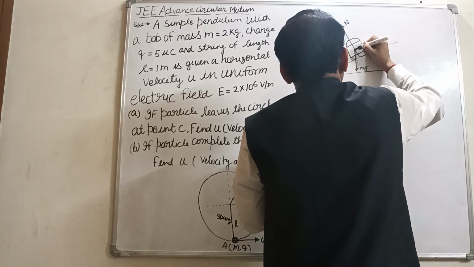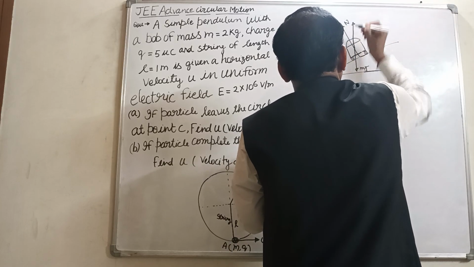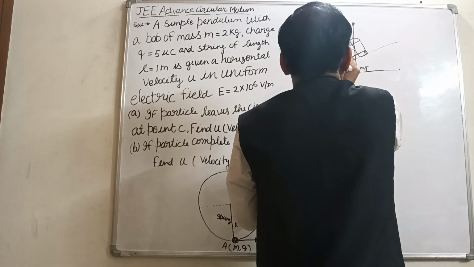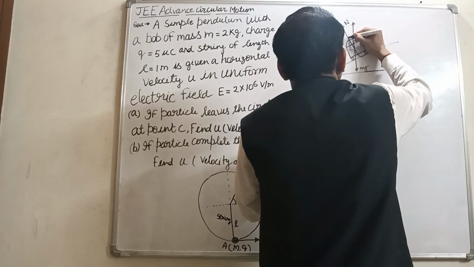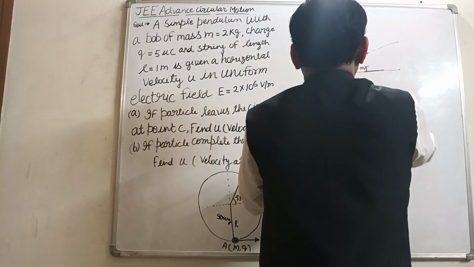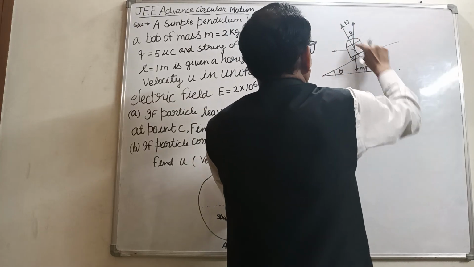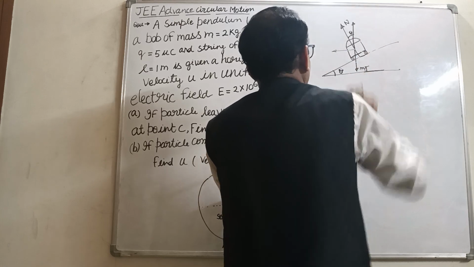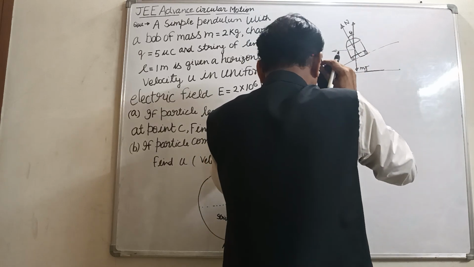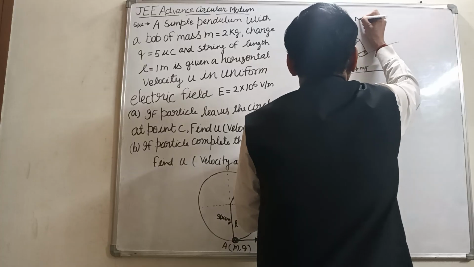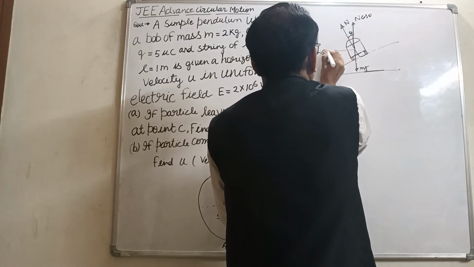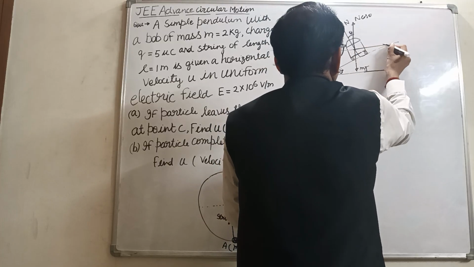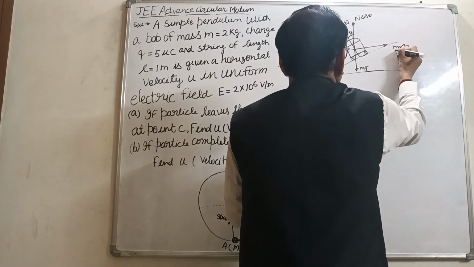This angle is theta, so this angle will also be theta, since this line is perpendicular to this and this line is perpendicular to this. So this component will be n cos theta, this component will be n sin theta, and this is the centrifugal force mv square upon r.